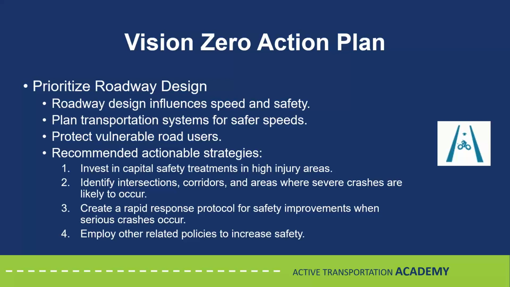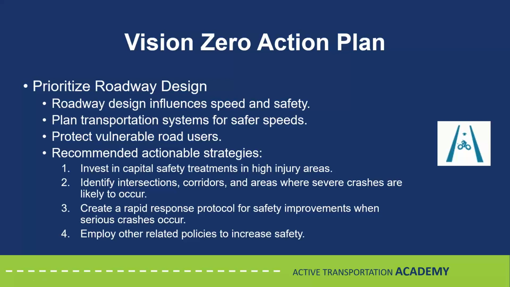These are residents of our communities who want to be involved in community life. We need them to be involved in community life. So think about people's ability to travel in a variety of modes, especially in those areas with historic patterns of fatalities and serious injuries.